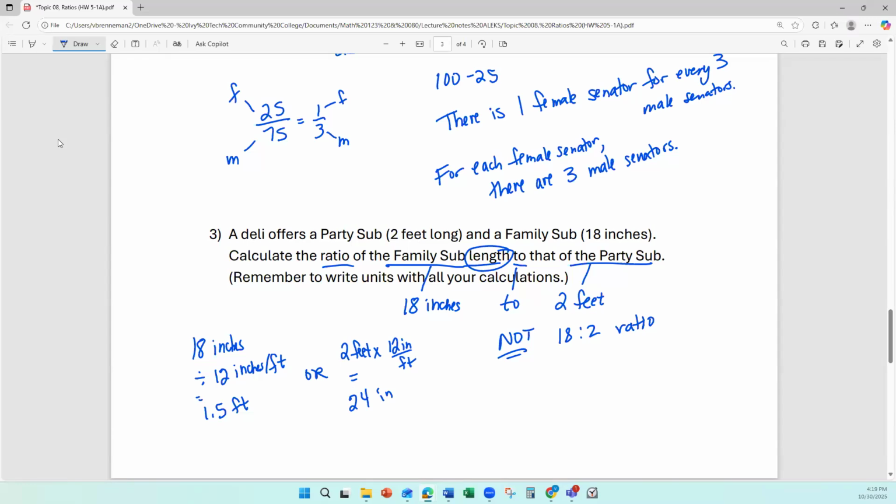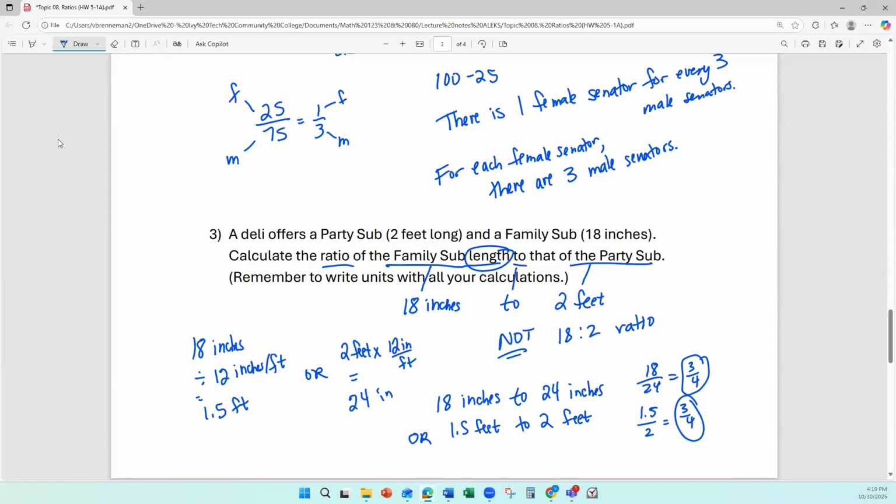So I could either do this as 18 inches to 24 inches. 18 over 24 is 3/4. Or you could do 1.5 feet to 2 feet. But the key is those units have to match each other. 1.5 over 2 is also 3/4. So either way, the ratio is 3/4.